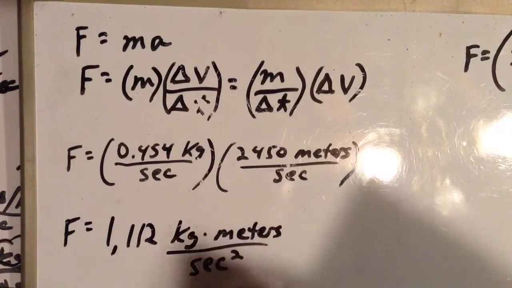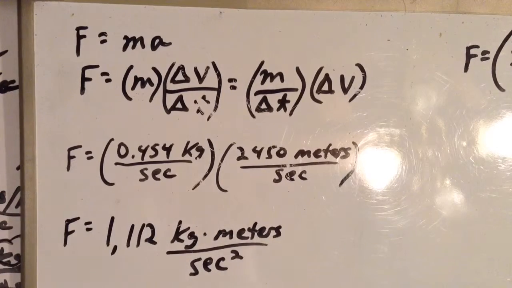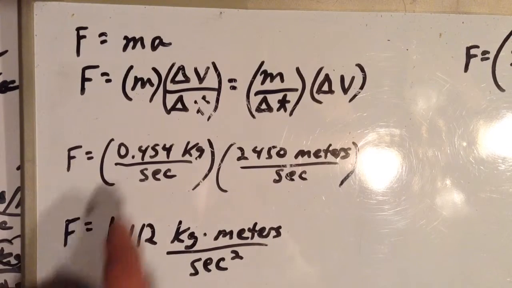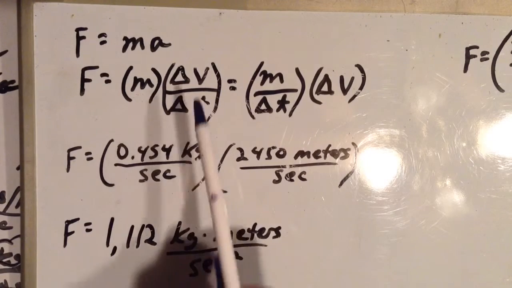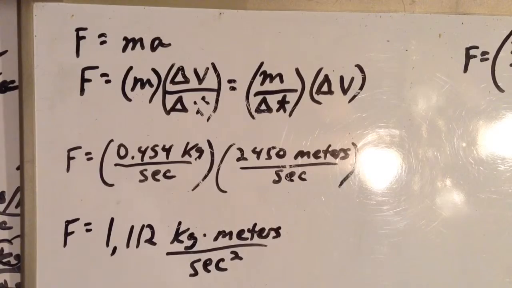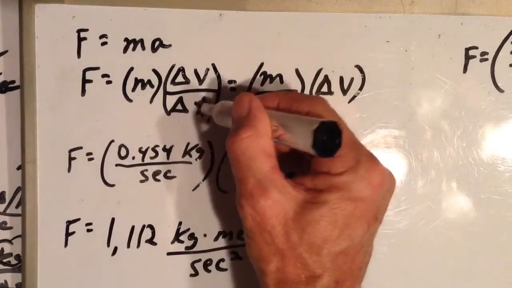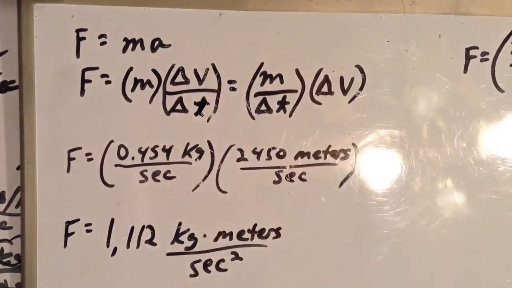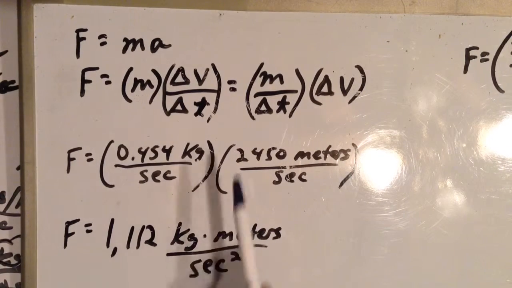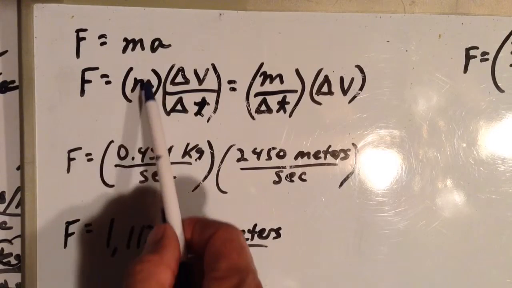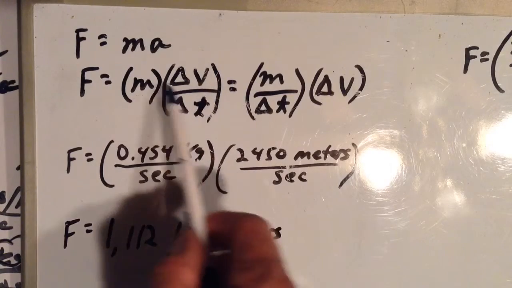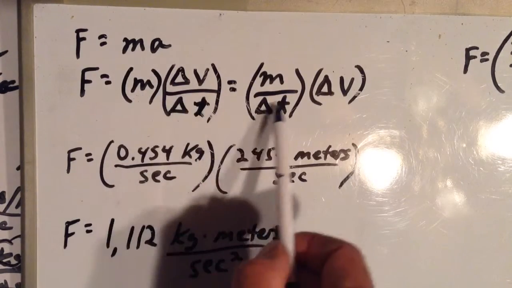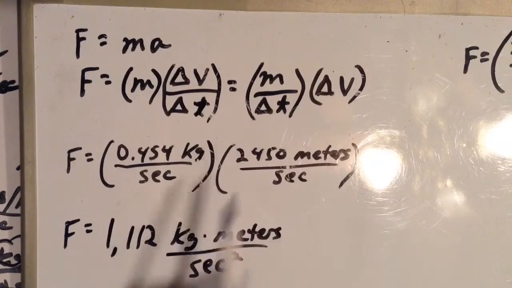Okay, force equals mass times acceleration, and acceleration is change in velocity divided by a change in time. If force equals mass times change in velocity divided by change in time, we can also say that force equals mass divided by time times change in velocity.